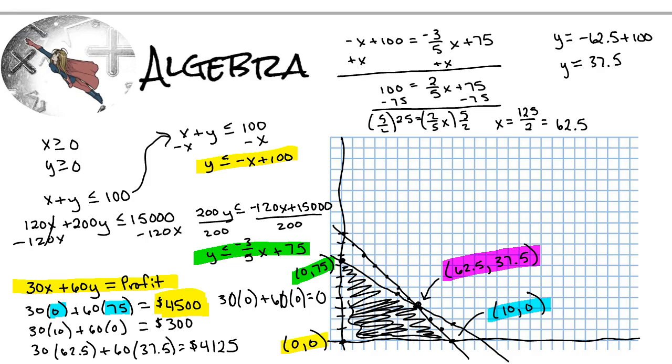So the amount of crops that you need to plant to achieve the maximum profit would be 0 acres of lettuce and 75 acres of peas. And that is your final answer. And the profit that you would make by doing that would be $4,500.